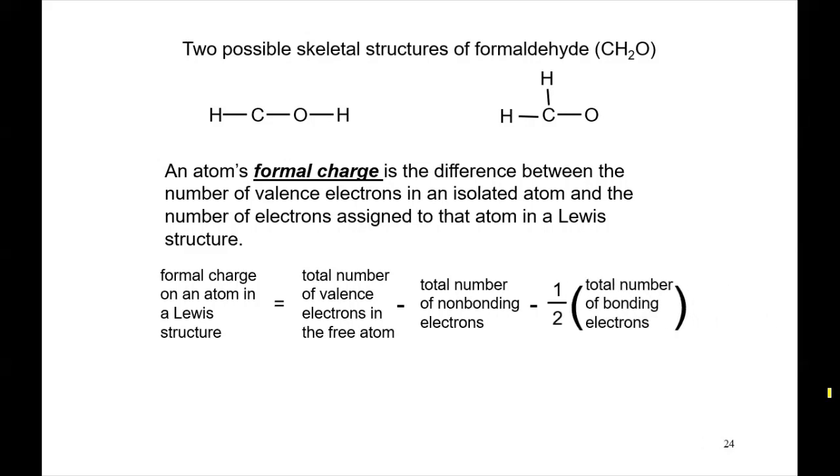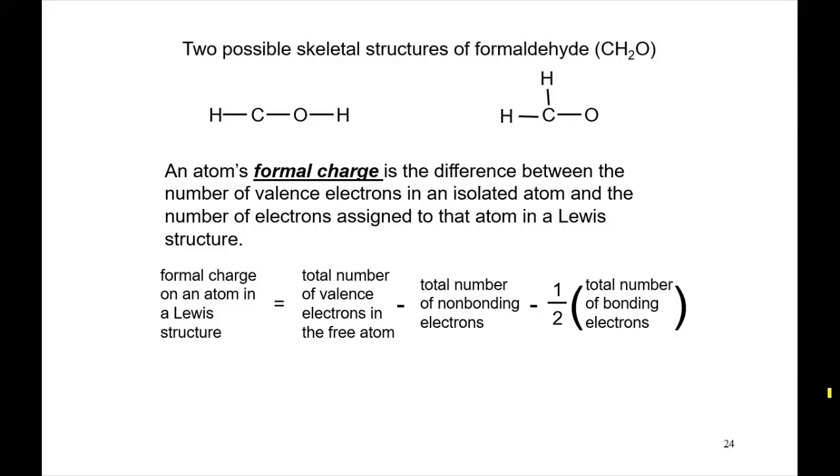So I count the number of valence electrons the element has, subtract all of the non-bonding electrons on that atom, not the whole molecule but just that one atom, and then 1/2 of the bonding electrons, because each bonding pair, we assign one electron to one atom and the other electron to the other atom.